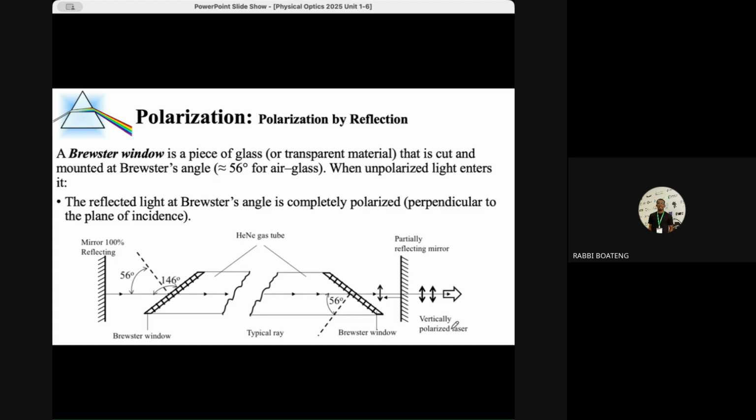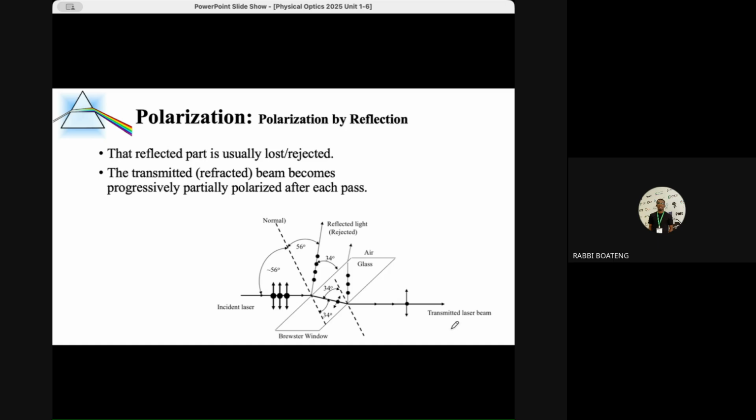Is that okay? So now let me add up the mechanism here. You see that first there's a laser medium that is entering here.